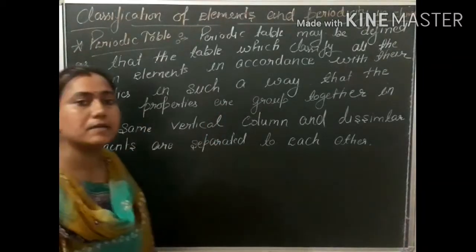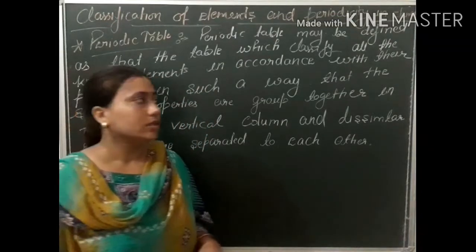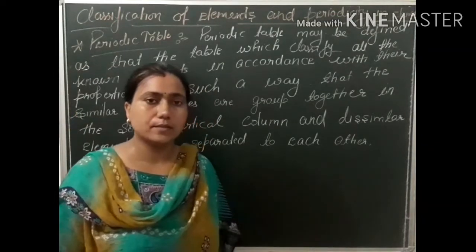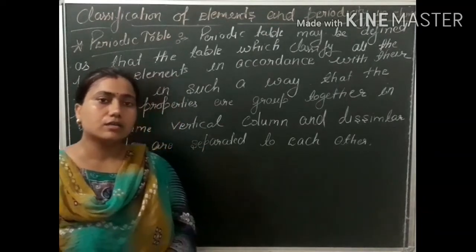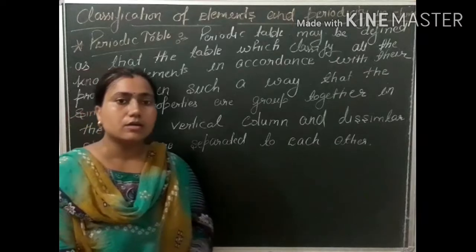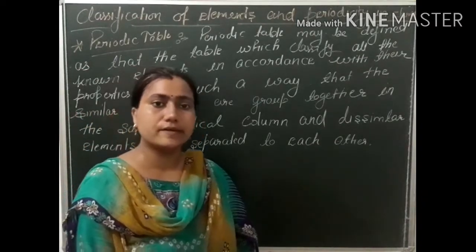Thus earlier attempts of classification of elements were based on the atomic weight. Now the first scientist who gave an attempt for the periodic classification is Dobereiner's Triads.